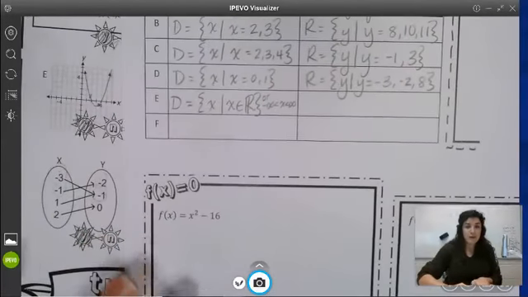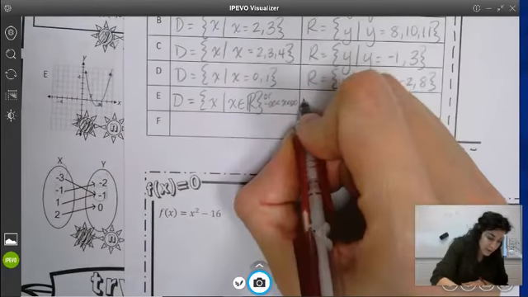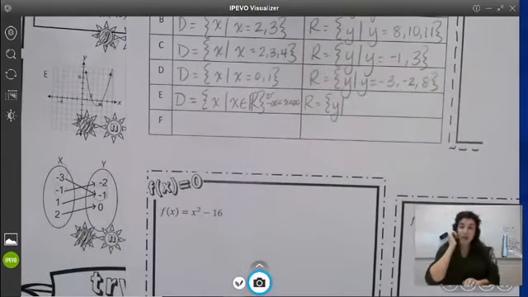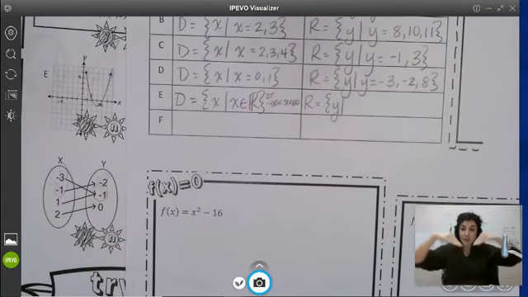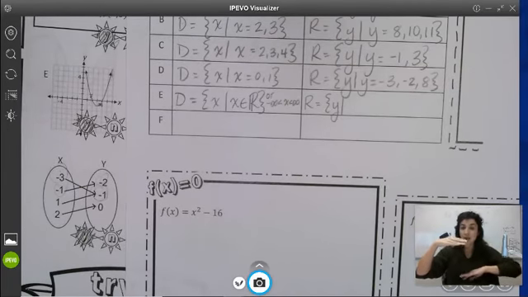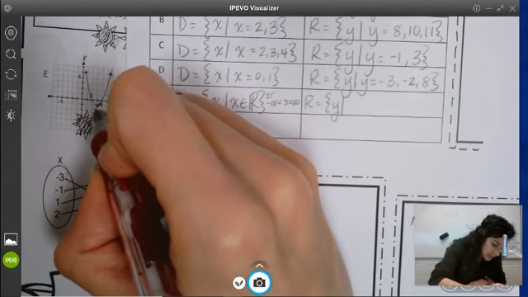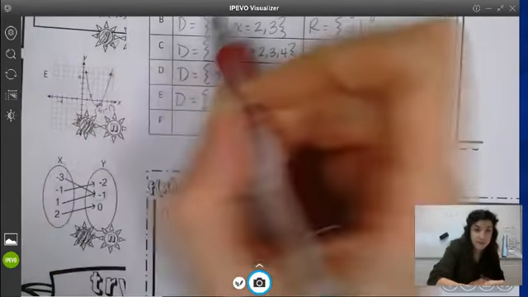Our range with parabolas is not quite all real numbers because of the way that a parabola behaves. A parabola has a minimum. There's a place where it goes to that you can't get any farther below on that graph. There is no y value below that vertex. That vertex in this case is 3, -1.